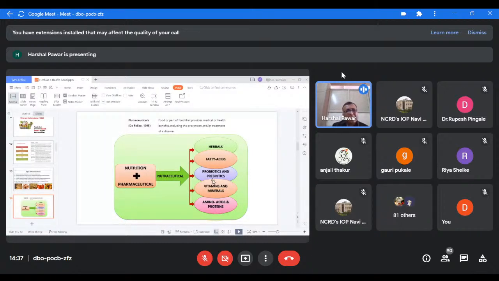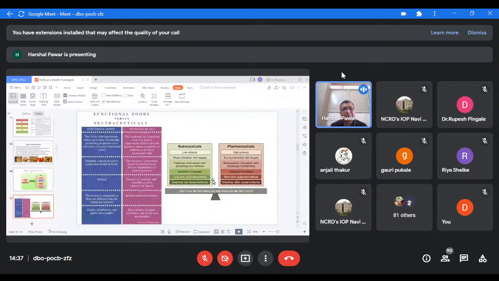Now let us understand the basic difference between the terms nutraceutical, functional food, and pharmaceutical. Right. So here I have separately provided the comparison of functional food and nutraceutical. Under functional food, you can see the food with ingredients which gives the food health-promoting properties over and above its usual nutritional value, right?